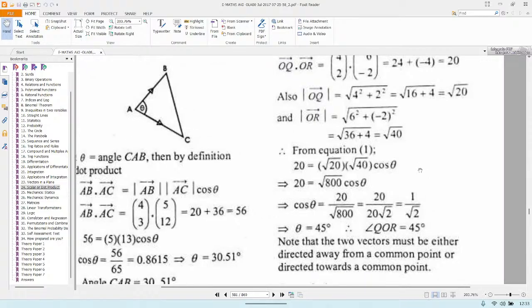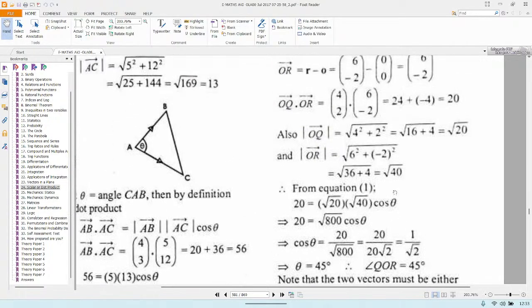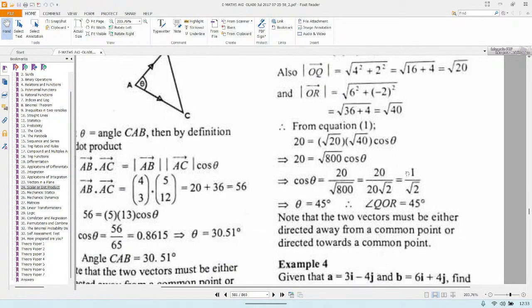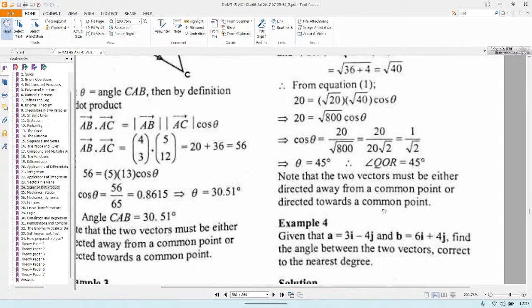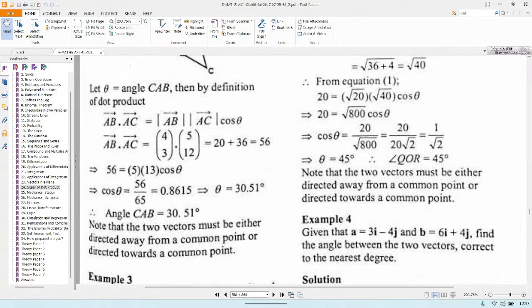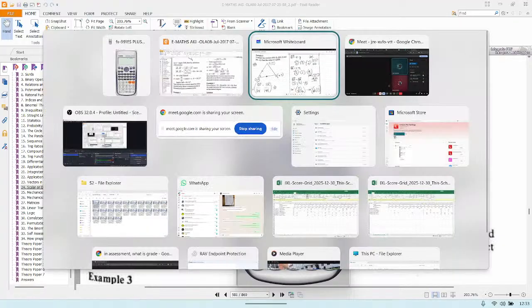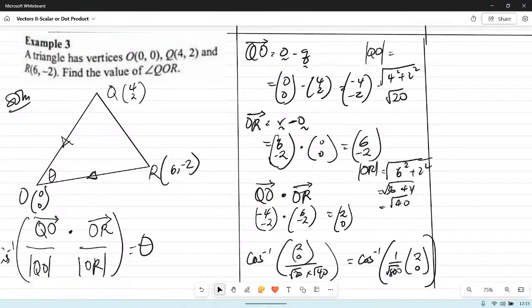It's actually find the distance. Actually two equations. So let's multiply them.